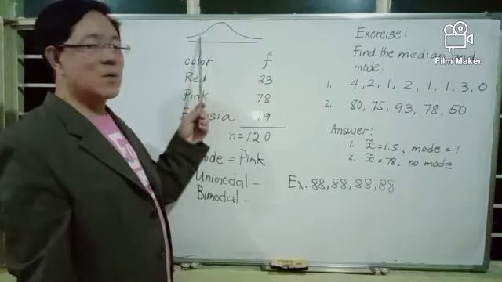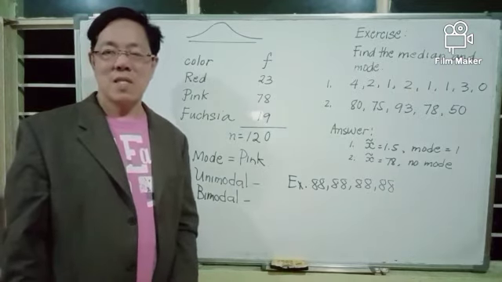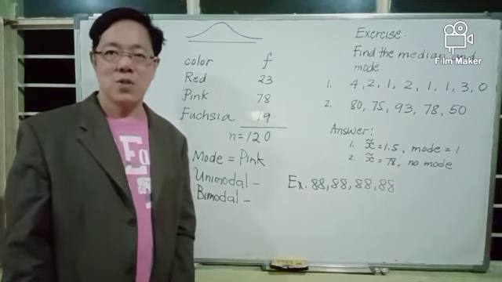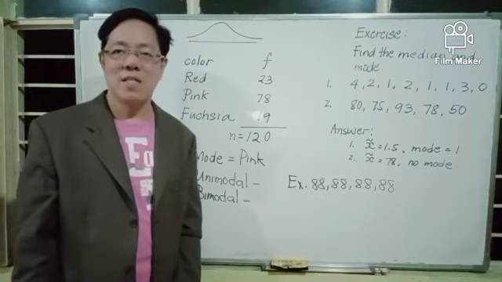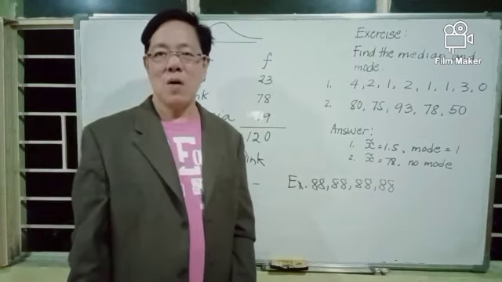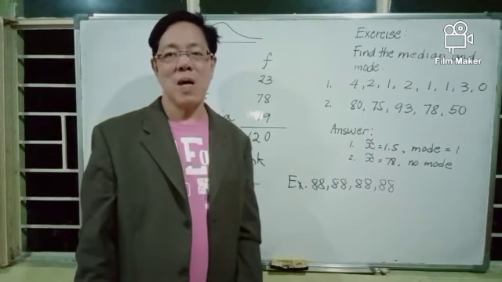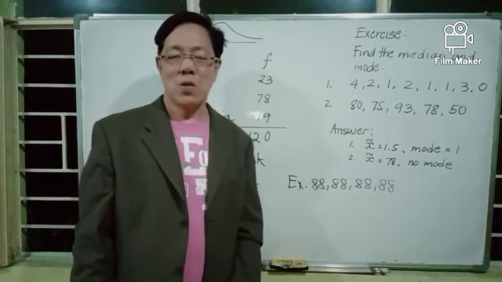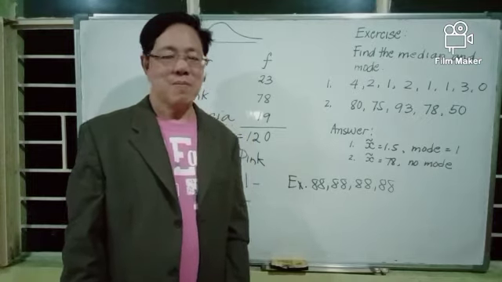And this curve is known as the normal curve, the graphical representation of a normal distribution. A set of data that is normally distributed has the property that the mean, median, and mode are all equal. And we will get back to this when we go to normal distribution of data.